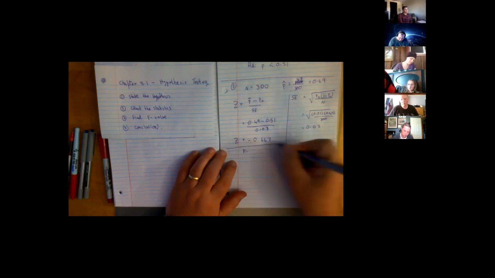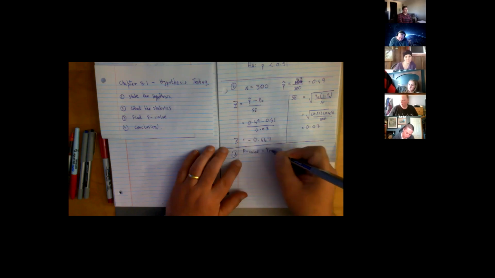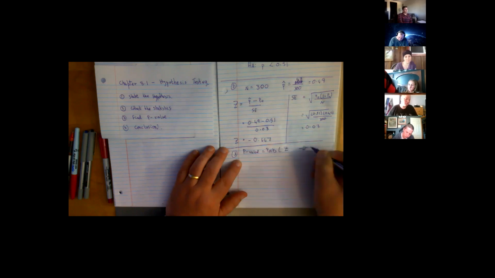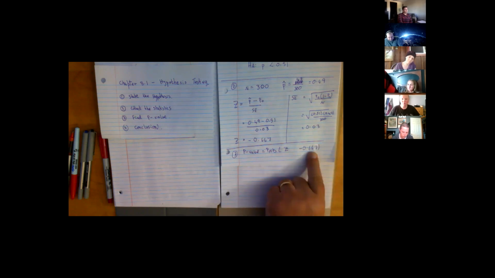Well, that's step 3 done. Step 2 done. Step 3. Let's get the p-value. It's the probability that you get a z-score bigger than this or a z-score less than that? Which is this going to be? A z-score bigger than this decimal or a z-score less than this decimal?